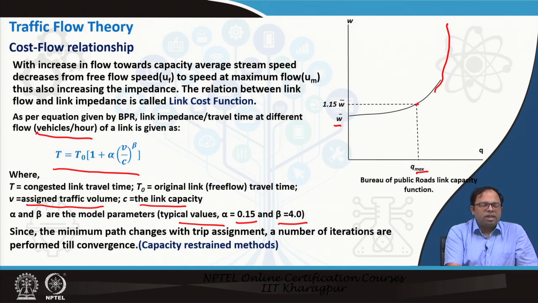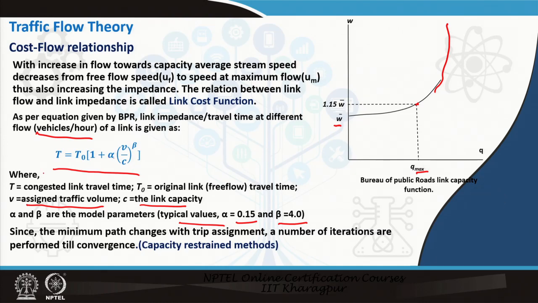When V equals C, for example, this becomes 1. Right. So in that sense 1 to the power 4 is also 1. So this is 0.15 and that gives us 1.15. So 1.15 T0 becomes T. Over here you can see 1.15 W dash. So this is what we have considered.